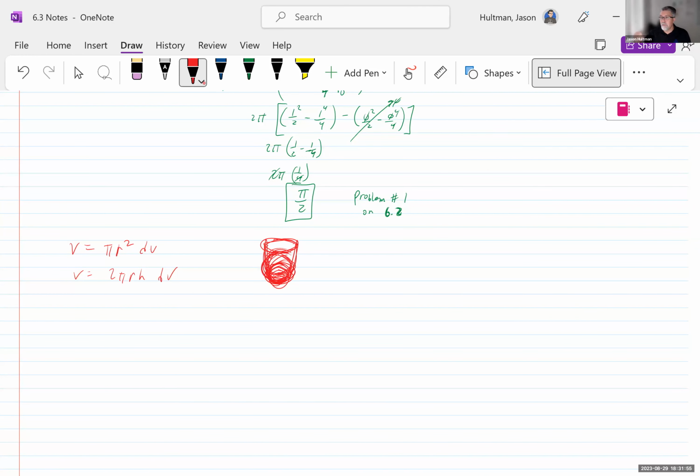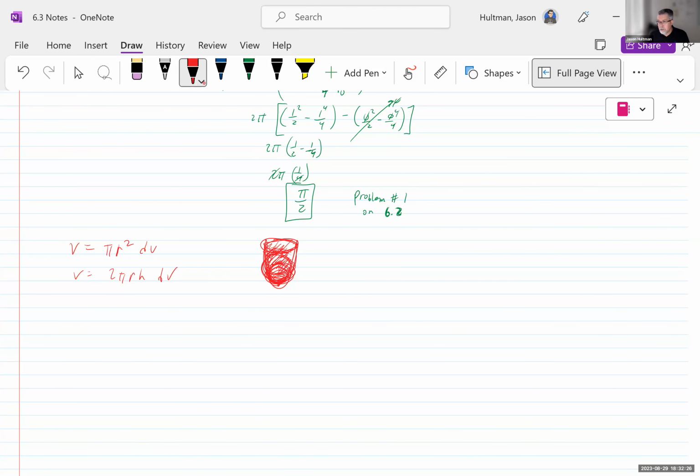But before 3D printing, I didn't really have an analogy to this. So that was kind of nice that technology gave me an analogy: you start with just a dot, and then you create a little circle, and then another little circle, and another, and you're building up these discs. And so you get a volume inside here.